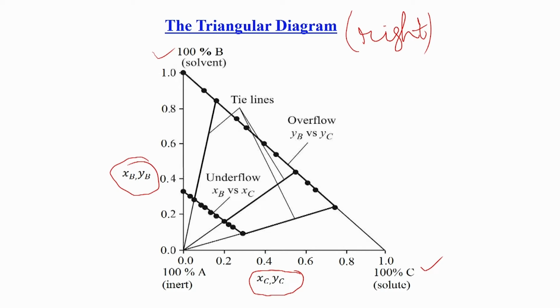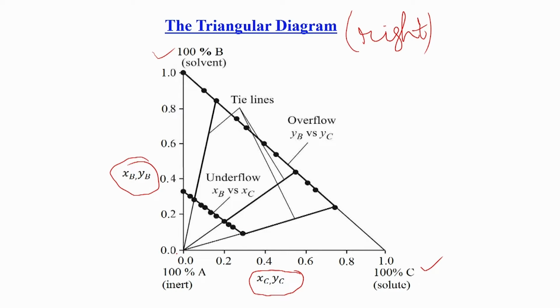Whatever equilibrium data points there are for the underflow and overflow, they are interrelated with a straight line. One important point in the leaching process is that all the tie lines move through the origin, 0, 0.